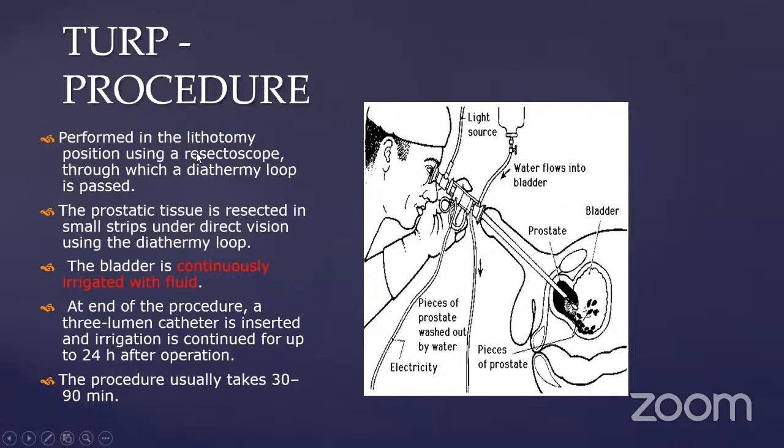The TURP procedure is performed in the lithotomy position using a resectoscope through which the diathermy loop is passed. The prostatic tissue is resected in small strips under direct vision. The bladder is continuously irrigated with fluid. At the end of the procedure, a three-way lumen catheter is inserted and irrigation is continued for up to 24 hours after operation. The procedure usually takes 30 to 90 minutes.